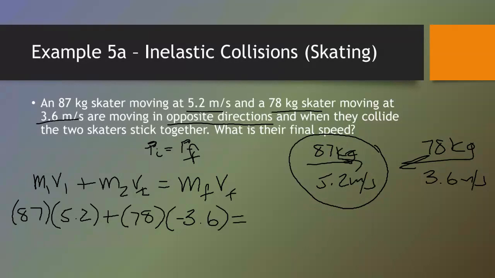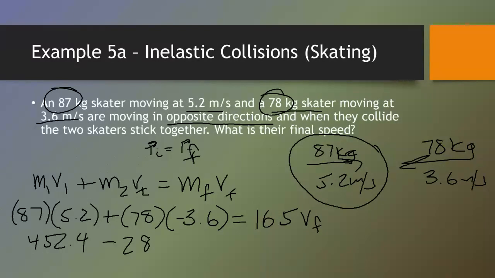The final mass when they stick together is the sum of the two. 78 plus 87 is 165 times their final velocity. 87 times 5.2 will give you 452.4 minus 280.8, and that's still going to be equal to 165 times their final velocity.